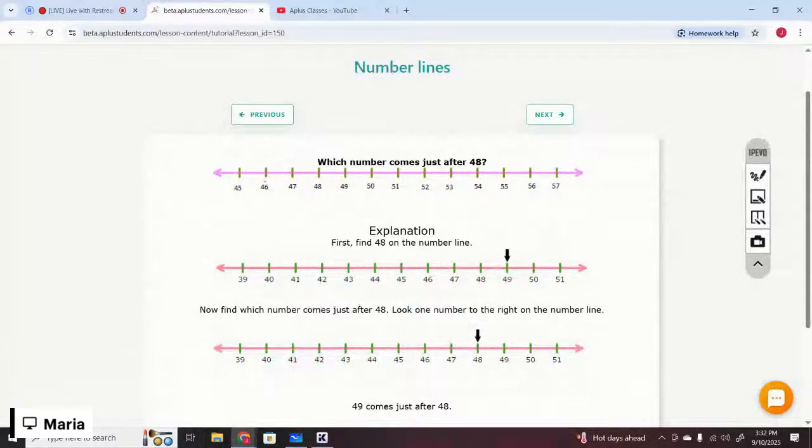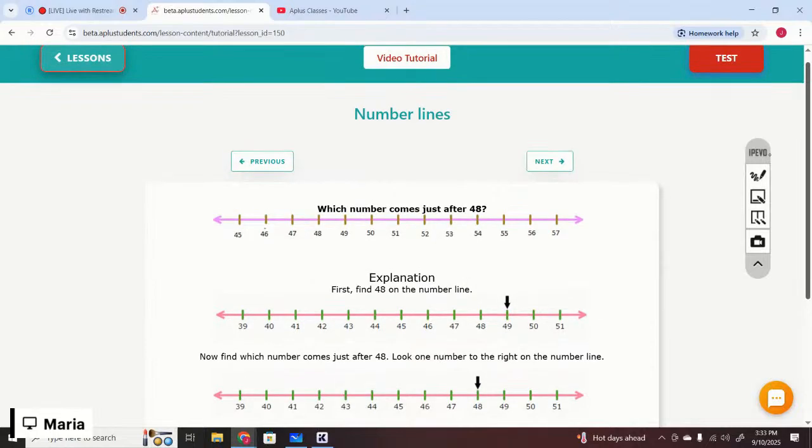So, which number comes just after 48? Let's just start with the test question.